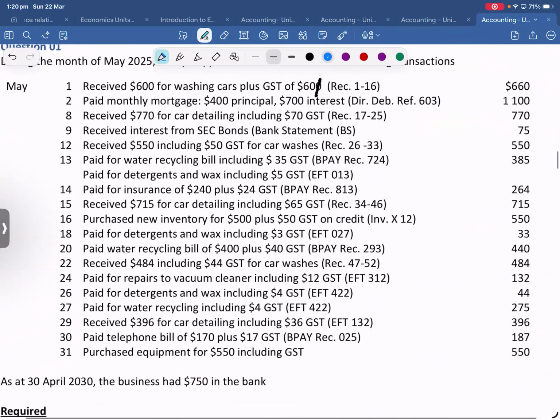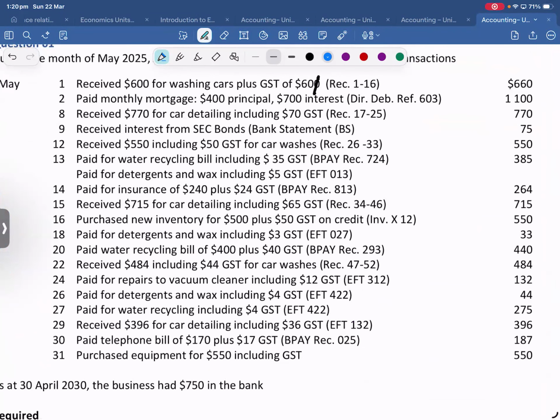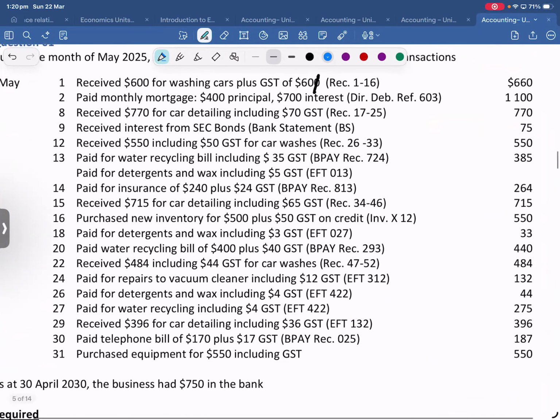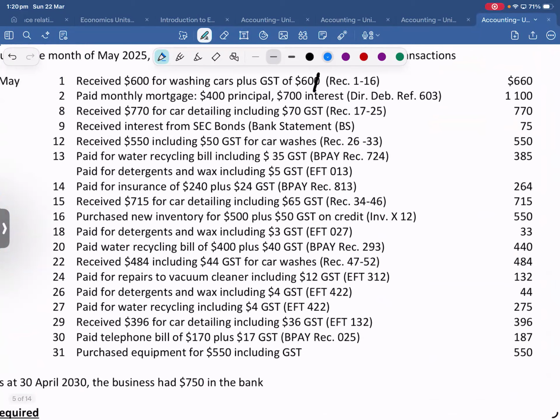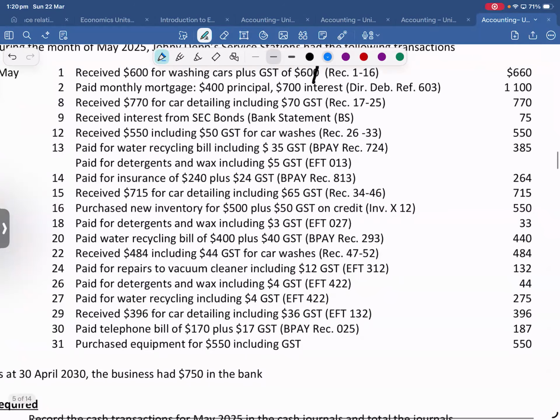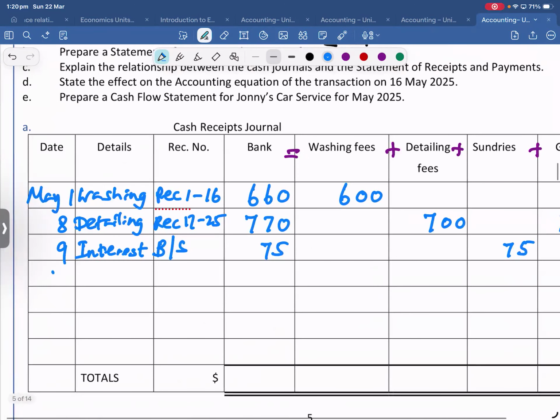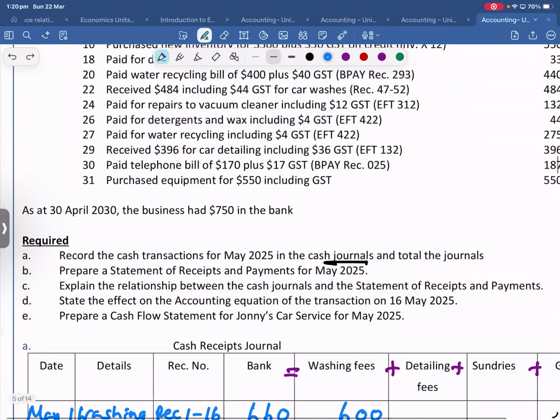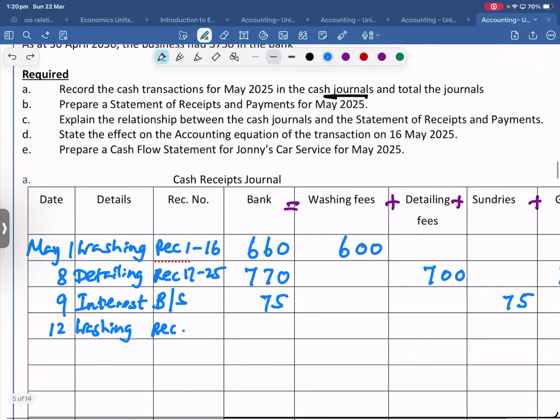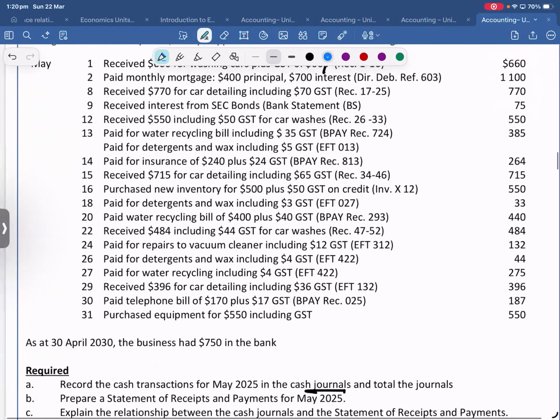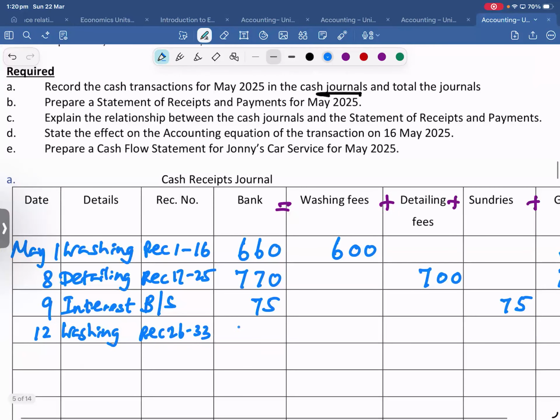Received 550 including GST for car washes. Okay, so then the 12th, which one? Receipts or payments? Receipts, yes. Then we'll go to the receipts, the 12th, washing, receipt 26 to 33. 550 is the total.